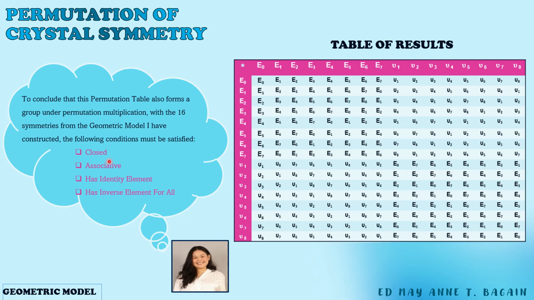Is it closed? Is it associative? Does it have an identity element? Does it have an inverse element for all? And if all of those are checked, this is a permutation group, or it forms a group under permutation multiplication.